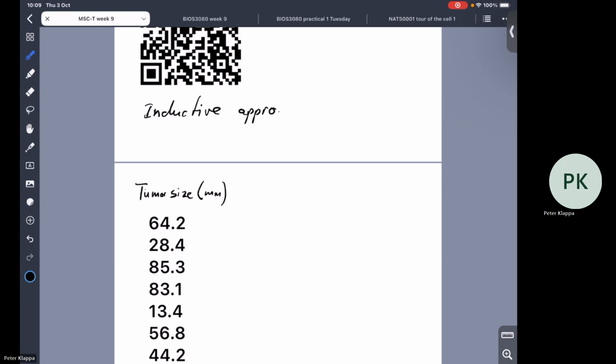So we take an inductive approach where we have some experimental data, some measurements, and from these experimental measurements, we make an educated guess about a wider population.